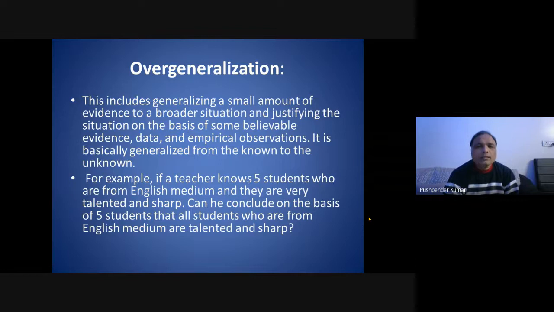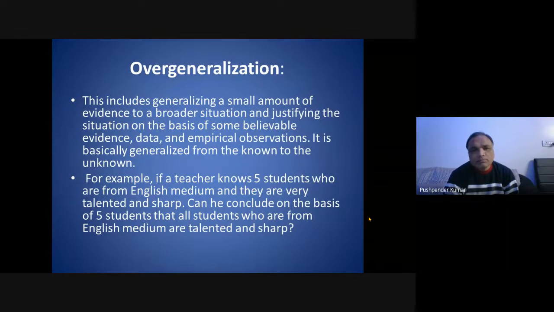So here, sometimes it happens that on the basis of small information, a small understanding of particular evidence, you generalize it and you feel all would be like this. It may not be necessarily so. For example, if a teacher knows five students from English medium who are very talented and sharp, can we conclude on the basis of five students that all students from English medium are talented and sharp?